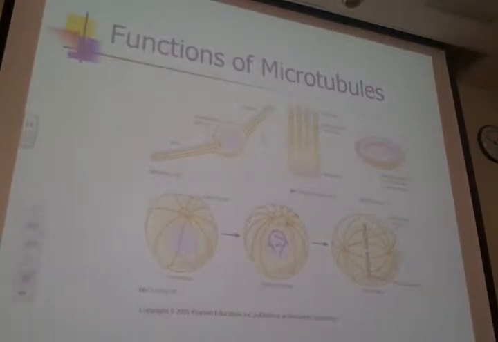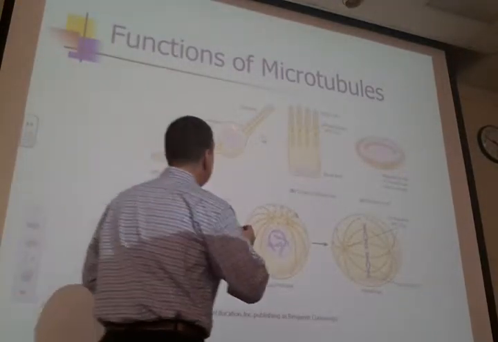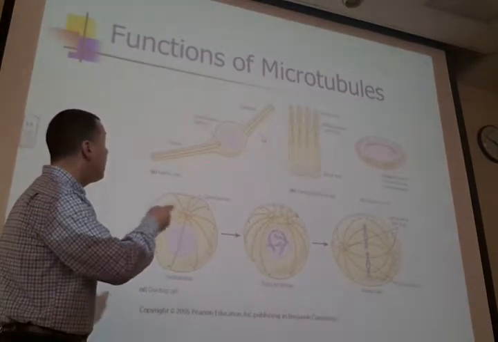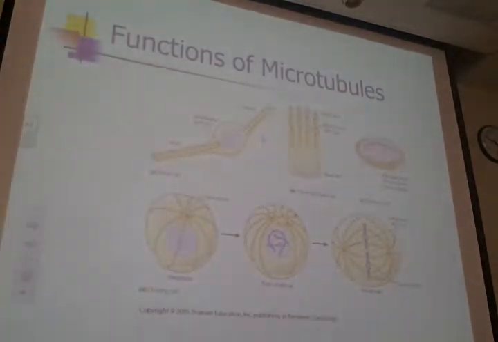So moving chromosomes around inside the cell is an important function. But other functions that you might not be as familiar with are maintaining what's called an asymmetric cell shape, which is demonstrated in the first two examples up there.